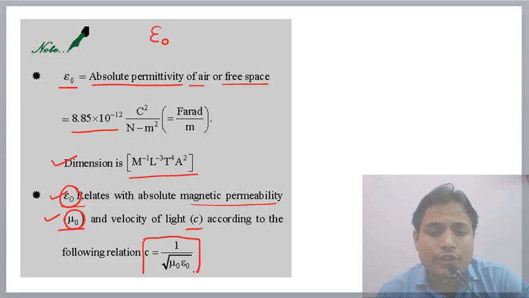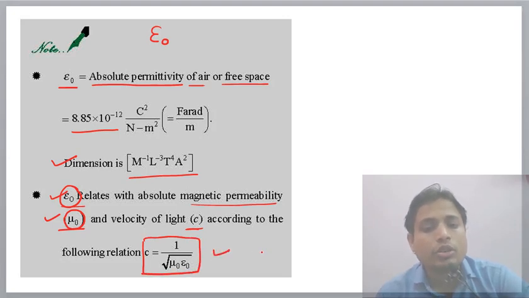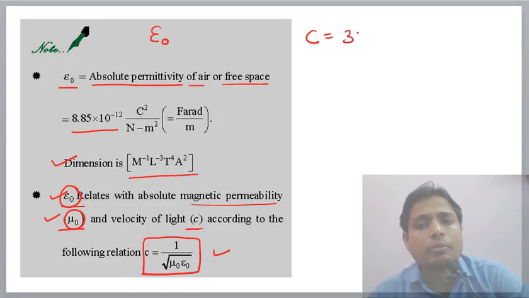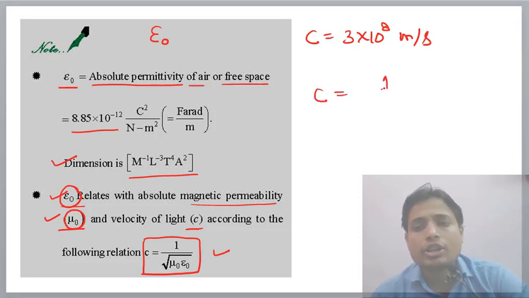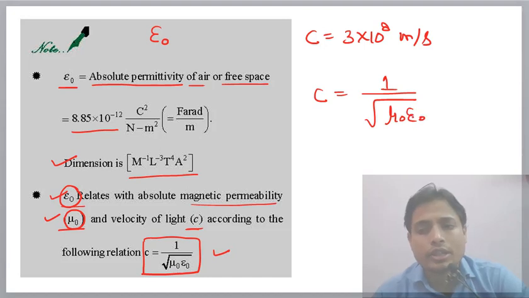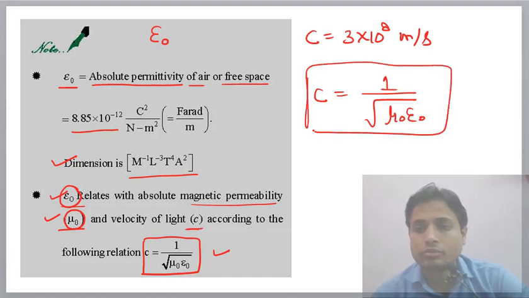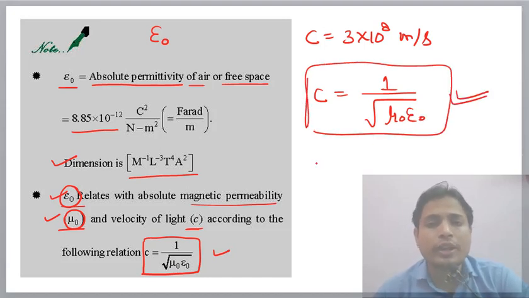This relation is very important. c is the speed of light, and you know that c means 3 into 10 to the power 8 meter per second, and the relation between c and mu naught and epsilon naught is this relation. This is a very important relation.